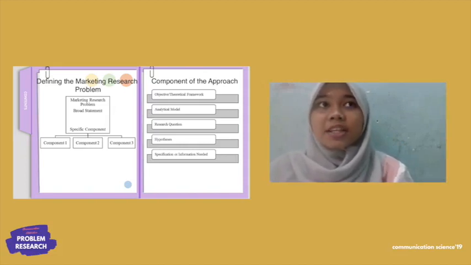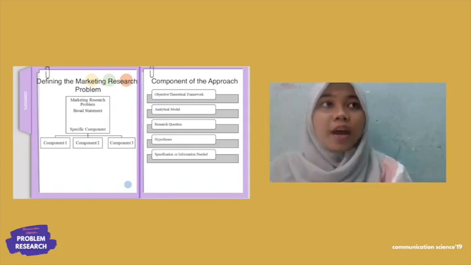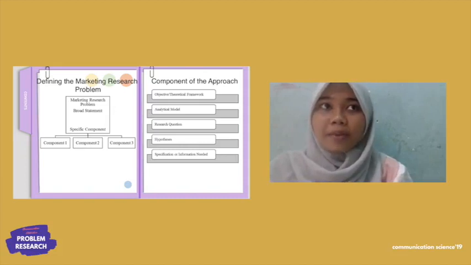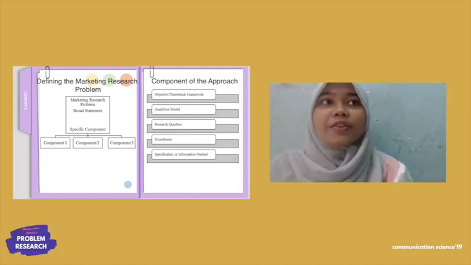By focusing on each component of the problem and the analytical framework and models, the research questions and hypotheses help to carry out this exercise for each component of the problem and make a list specifying all the information that should be collected.